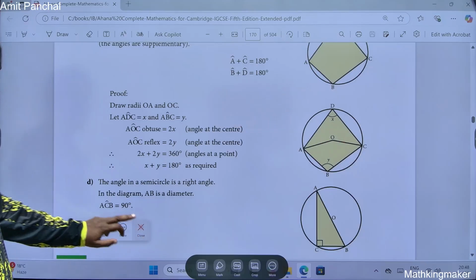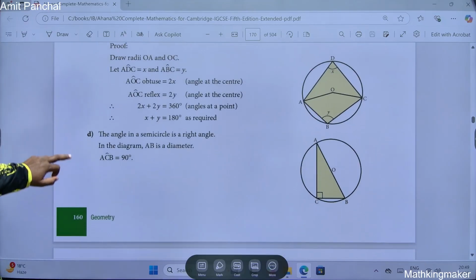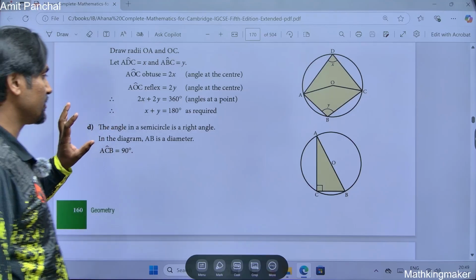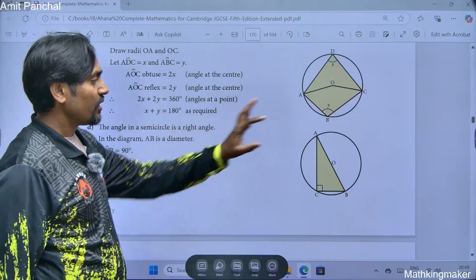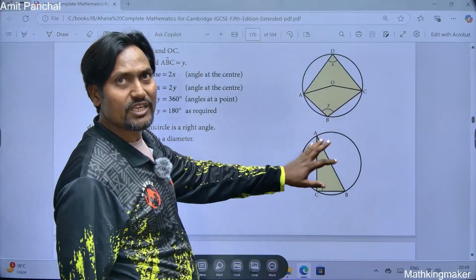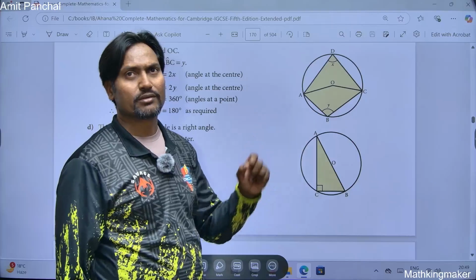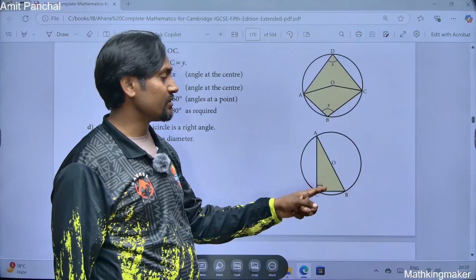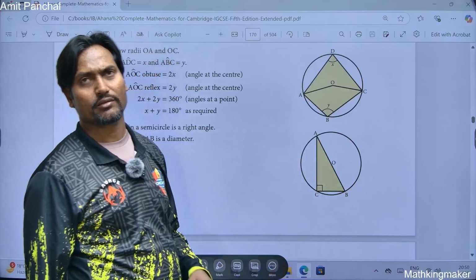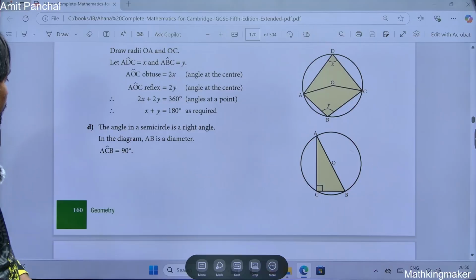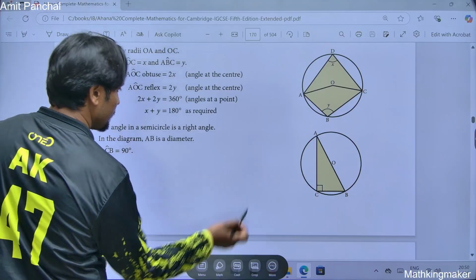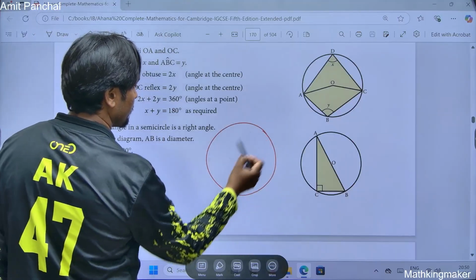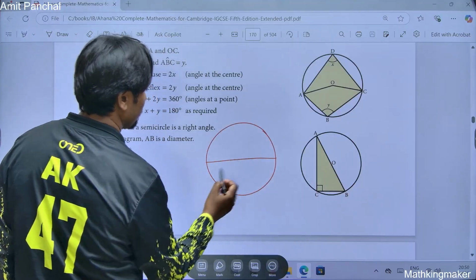Okay, very good. Now this is your D theorem. Theorem D says if an angle is being made by a diameter, it is definitely 90. So you have a triangle like this. This is your diameter.